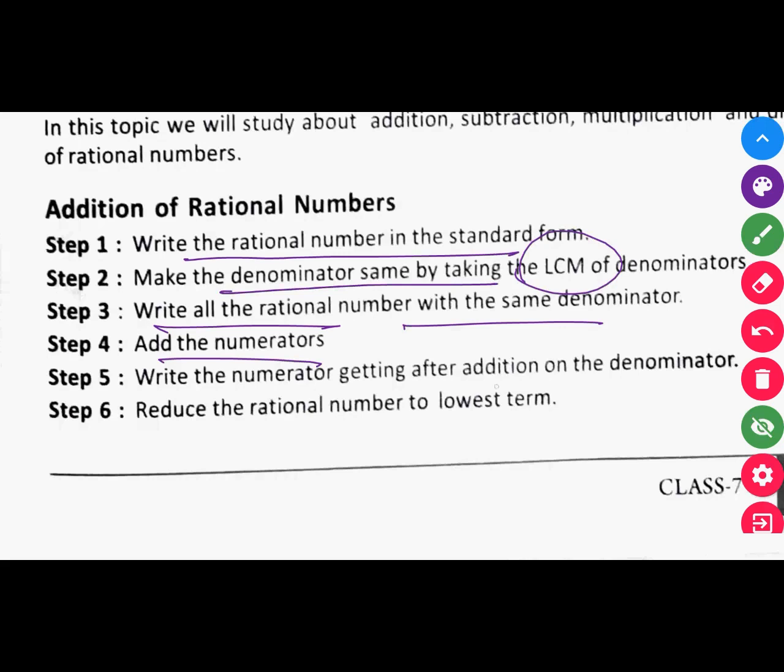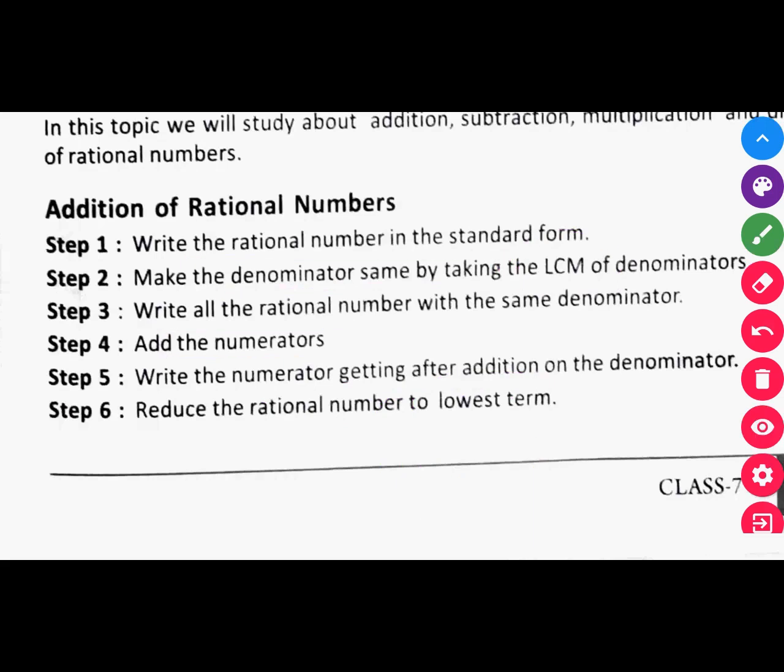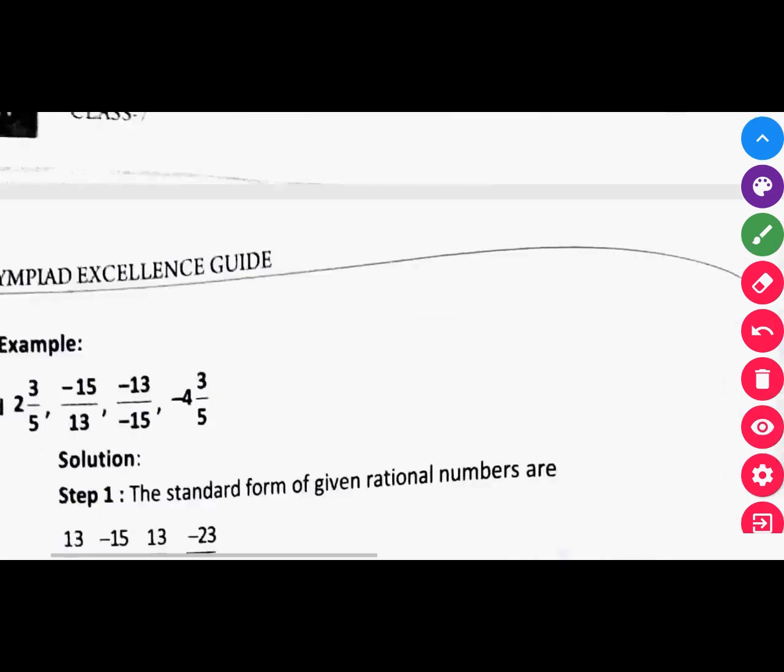Add them or subtract them. Write the numerator obtained after addition over the denominator and reduce the rational number to lowest form. To reduce it to lowest form, we have to find the HCF of numerator and denominator, not the denominator of all. For the denominators of all, we always calculate the least common multiple of all the denominators.